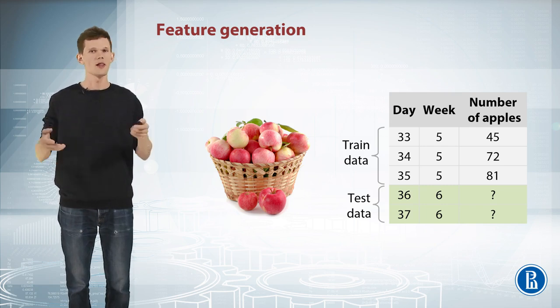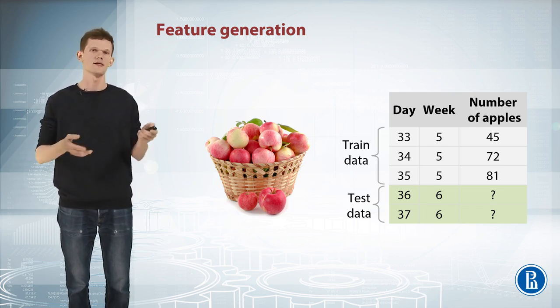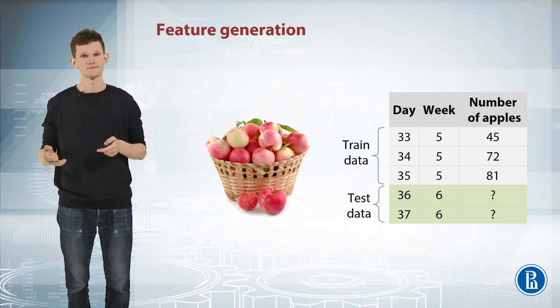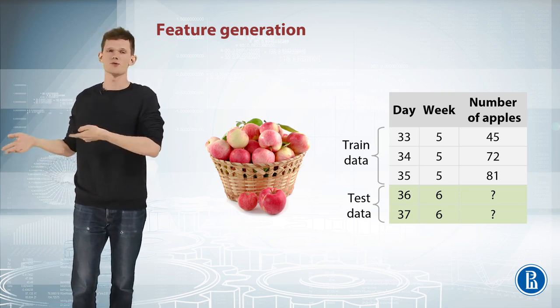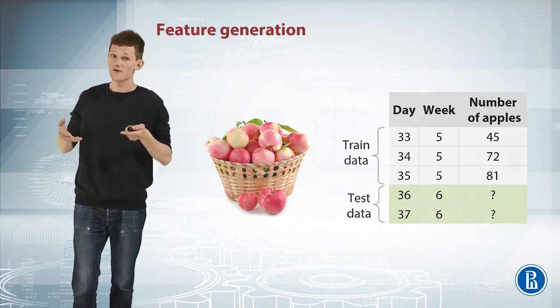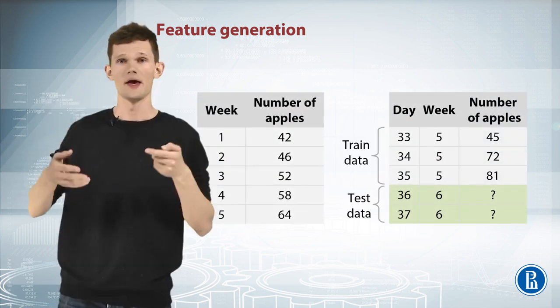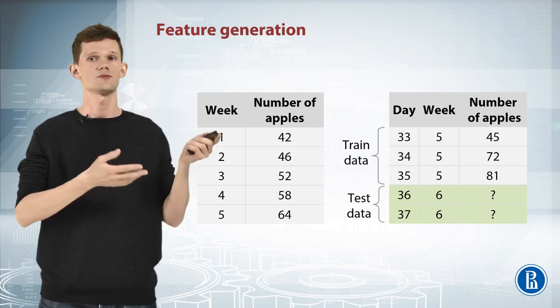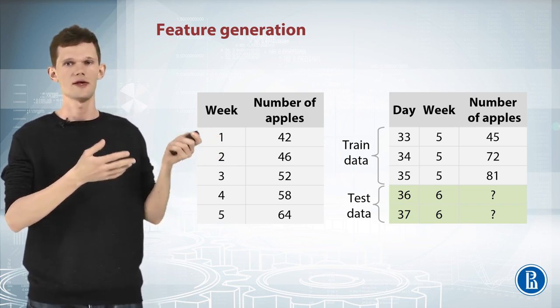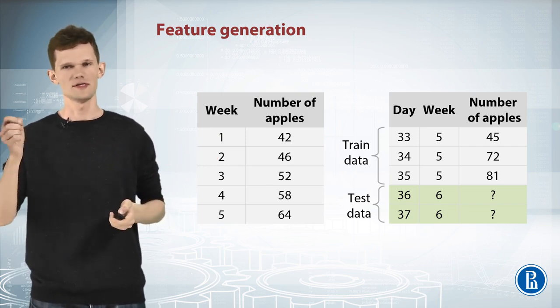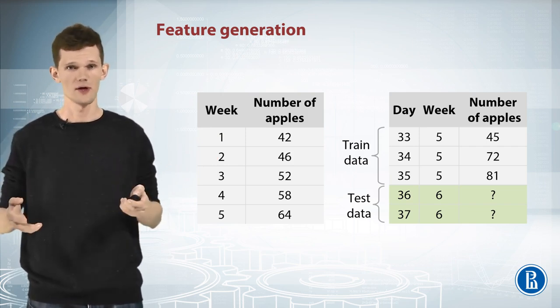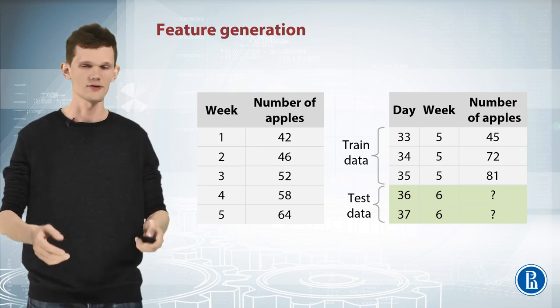With this feature, a linear model can successfully find an existing linear dependency. On the other hand, a gradient boosting decision tree will use this feature to calculate something like the mean target value for each week. Here, I calculated mean values manually and printed them in the data frame. We are going to predict the number of apples for the 6th week. Note that we indeed have a linear trend here.